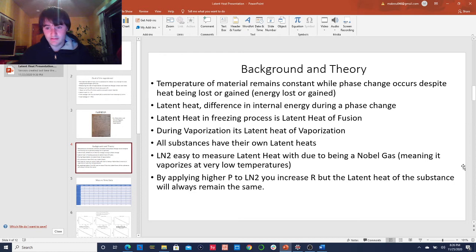So that's the importance of it vaporizing at a very low temperature. It makes it easy to see the difference when you're changing its mass. And by applying a higher power, you can increase the rate of vaporization, but the latent heat of the substance will always remain the same.